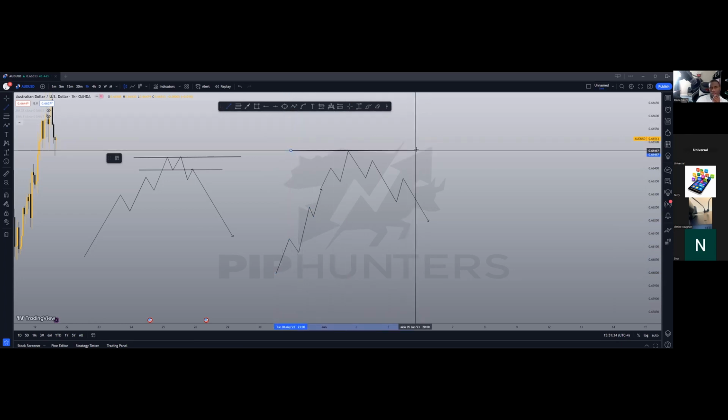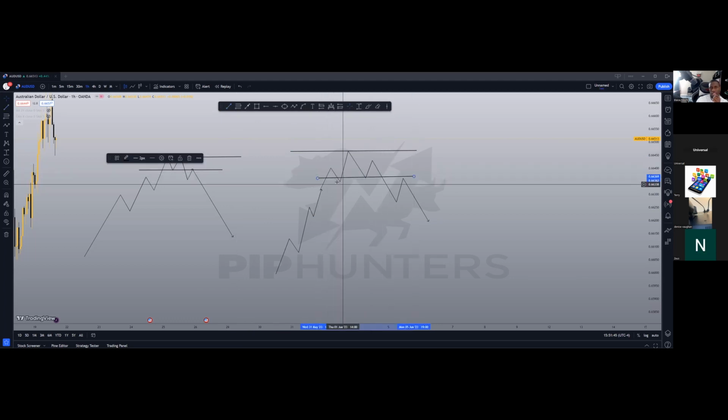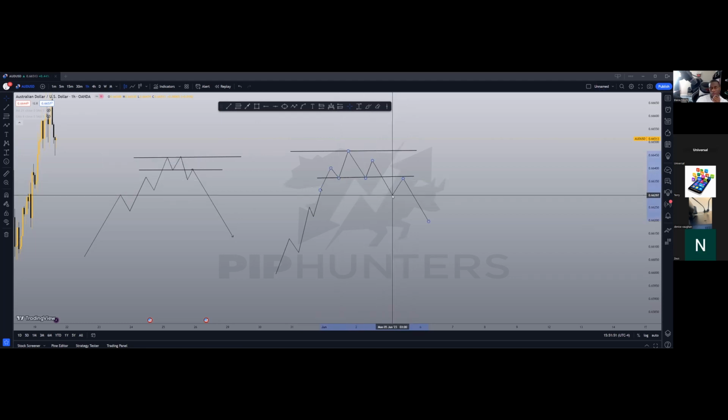And when it approaches that level of resistance, it creates that. So this scenario here is called the perfect head and shoulders. Why did I say the perfect head and shoulders? Because you can see all these levels in price here are literally being maintained on the level of support perfectly.